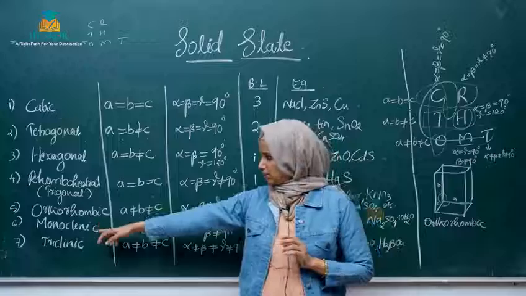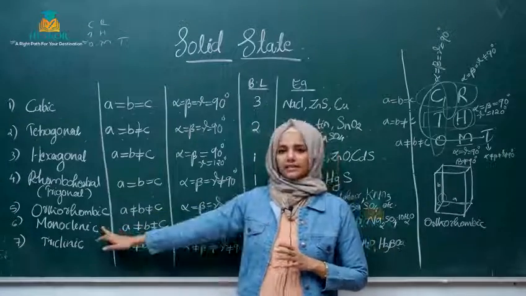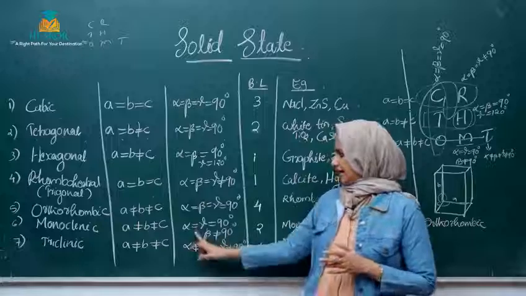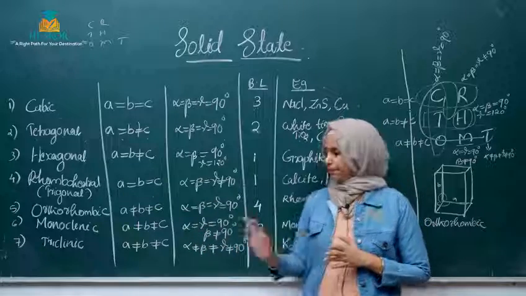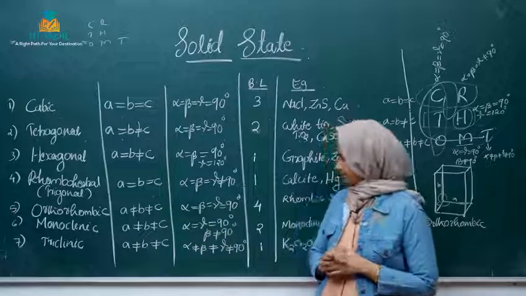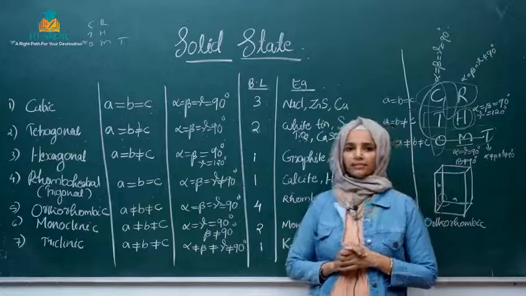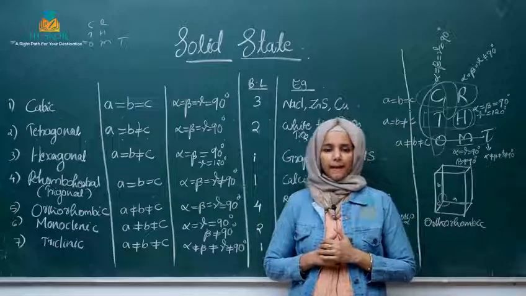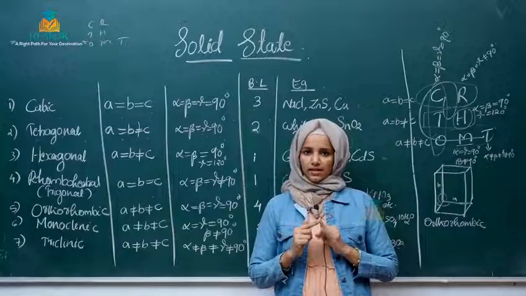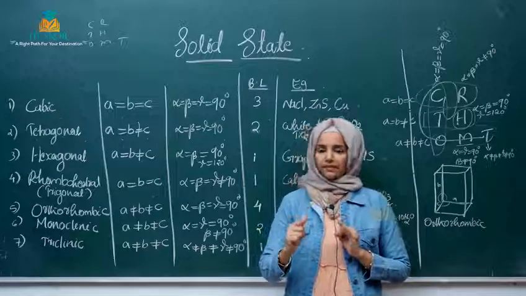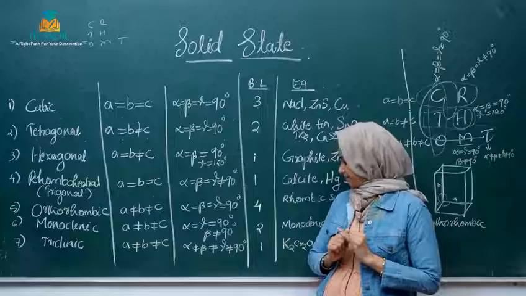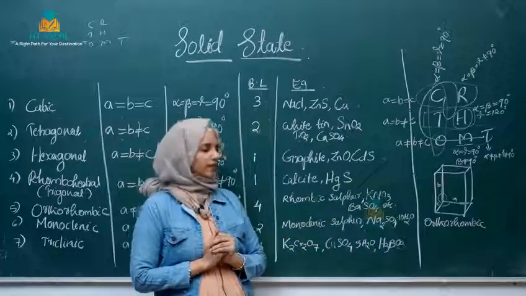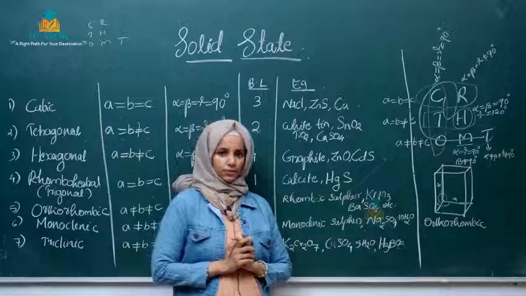Then next is monoclinic. In the monoclinic system, we have a not equal to b not equal to c, and alpha equal to gamma equal to 90 degrees, beta not equal to 90 degrees. What about the Bravais lattices present here? Here 2 Bravais lattices: primitive and end centered. Examples for monoclinic are monoclinic sulfur, Na2SO4·10H2O.